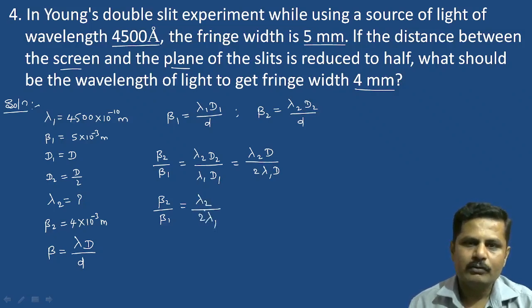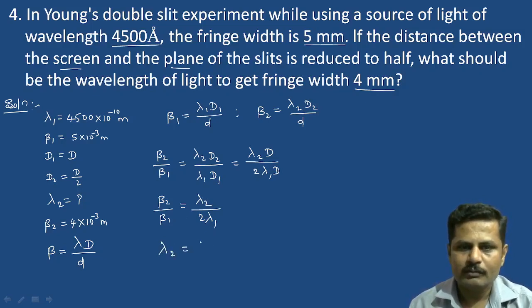So we need to get lambda 2 here, so make lambda 2 the subject of the formula. We get lambda 2 equals 2 beta 2 lambda 1 divided by beta 1.